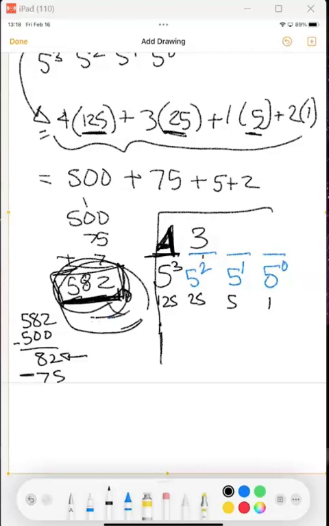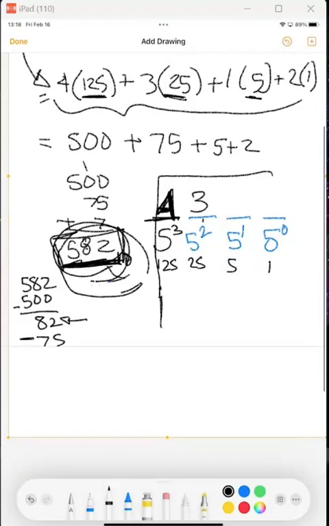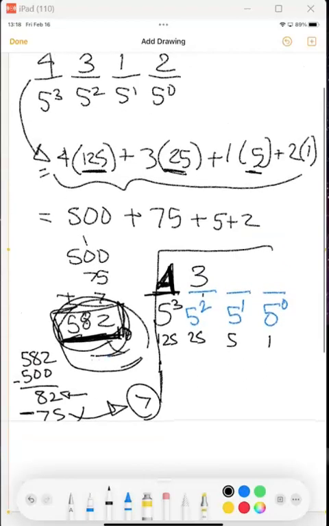So I've accounted for it already. 82 minus 75 is 7. So I still have 7 to account for, and I know 1 five goes into 7. Then I subtract 5, and I have 2 left, so I have 2.